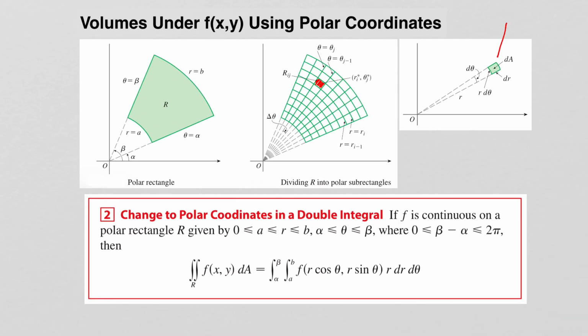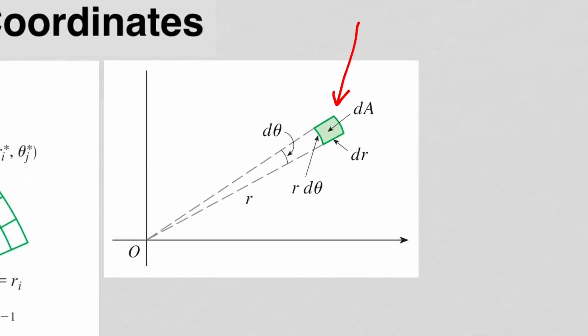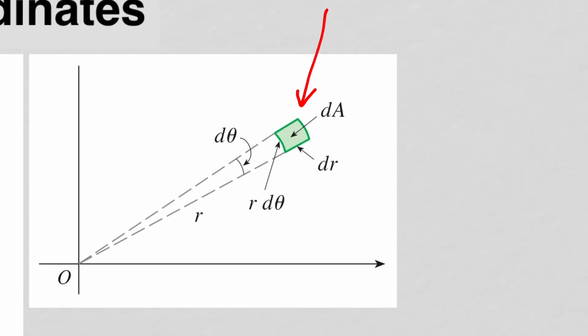So if I come over here to look at what that would look like up close, we can see that the measurement here is dr, right? Because there's not much difference between the distance from here to here and the distance from here all the way up to here. Both of those are a radius of some type, but there is a little bit of a difference between the two. So we call that distance dr.